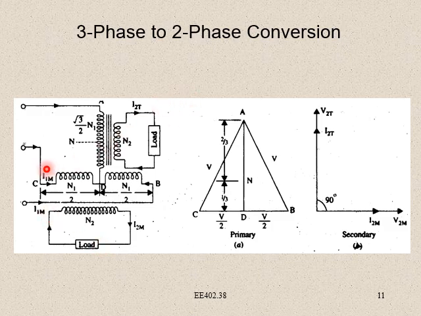So here you can see the current I1M, I1M and I1M from all these three phases, whereas the CB coil is split into two, that is denoted by N1 by 2 and N1 by 2, and at the center there is a tapping of AD coil, which is of root 3 by 2 N1.